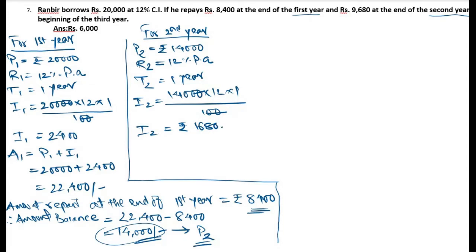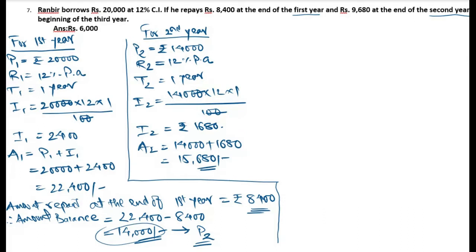This is the interest for the second year. Now what will be the amount for the second year? 14,000 plus 1680, and that is 15,680 rupees. This is the amount at the end of second year, but he is also making some repayment.